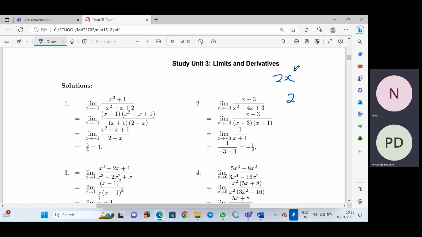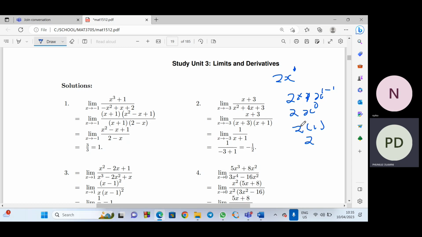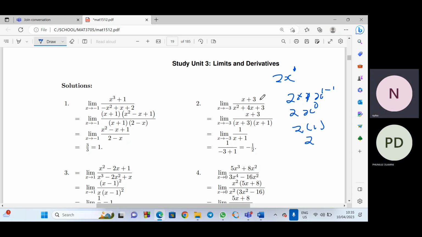Because the power on top here is 1. It's going to say 2 times 1 into x to the power 1 minus 1. Then the answer is going to be 2 times x to the power 0. And anything to the power 0 is 1. Then the answer becomes 2.